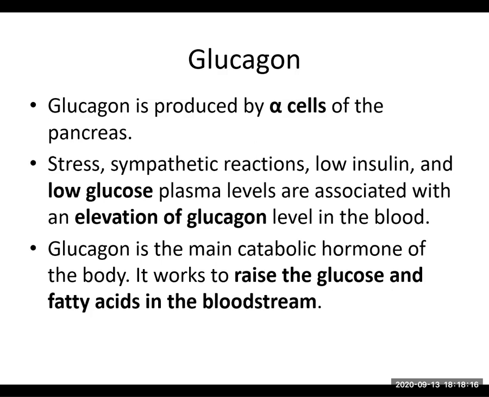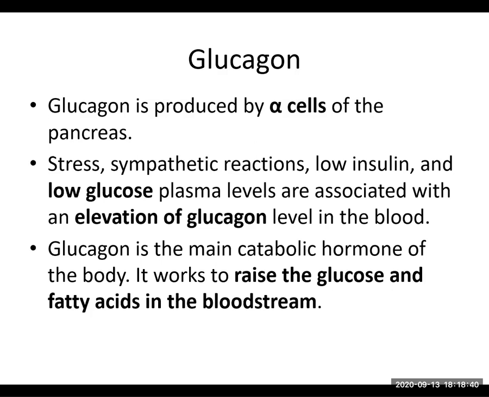So why do we need that? This usually happens when we are fasting, when we don't eat and don't have enough glucose in the blood. That affects our brain the most, because the brain almost solely requires glucose.